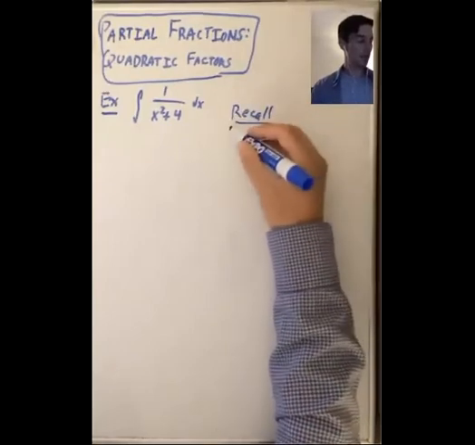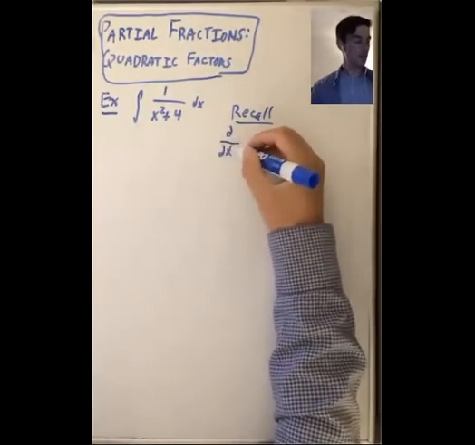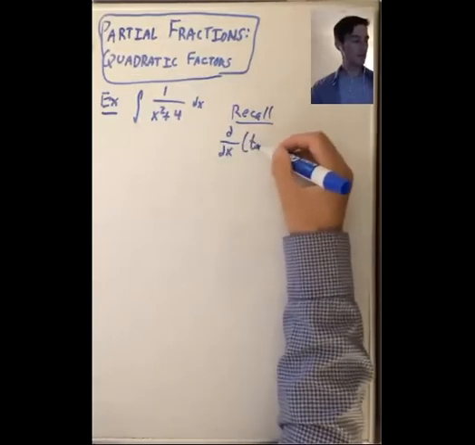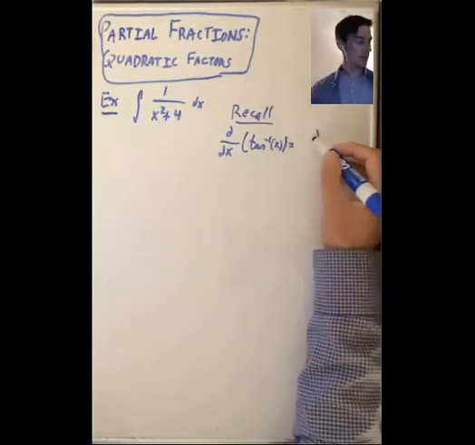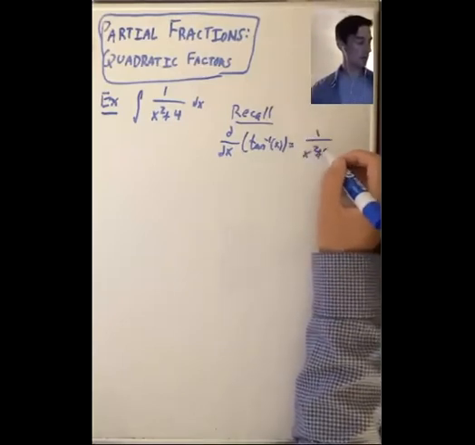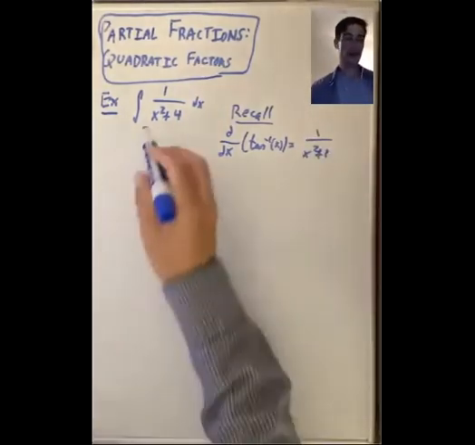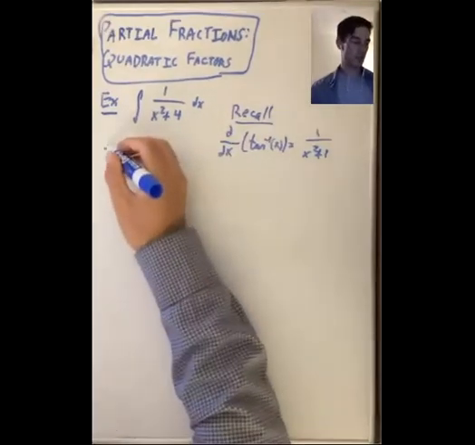that's important here. Remember, the derivative of arctan of x is 1 over x squared plus 1. That's not quite what we have here, but it's close, right?